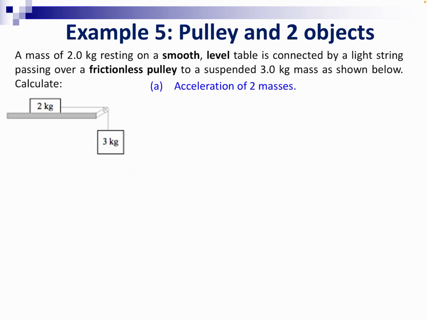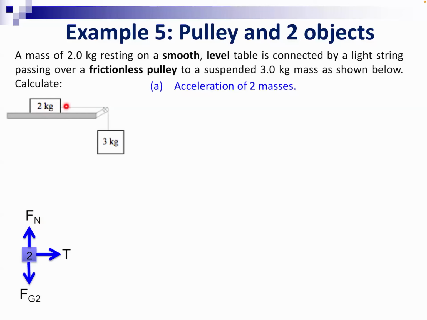First, let's draw the free body diagram of this 2 kilogram mass. It should look like this. Any object that has mass should have a weight force. Weight is always directed downwards. The 2 kilogram mass is supported by the surface, so this surface that's physically supporting the 2 kilogram mass should exert a normal force.